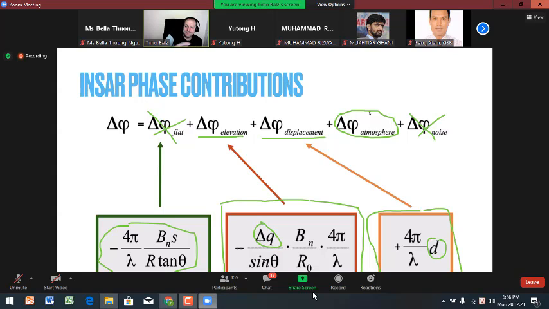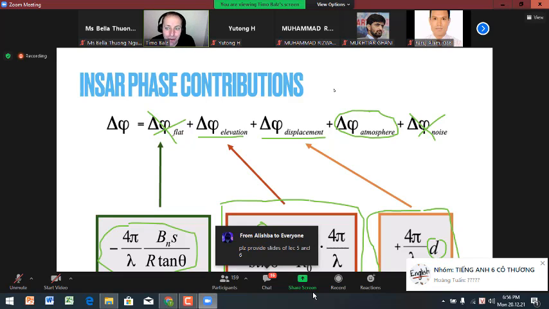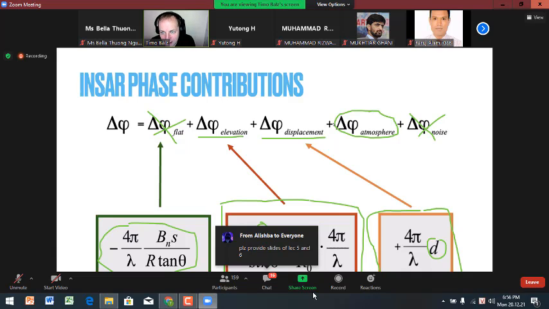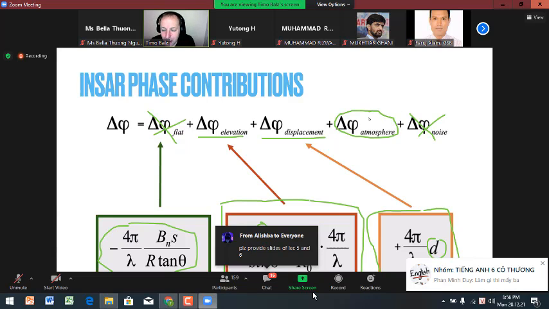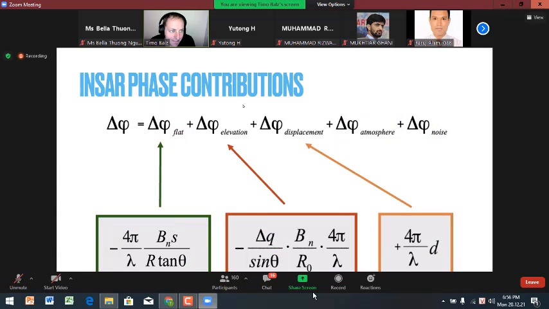So we're not really getting there. That's the main issue, right? You can calculate that, but we're going to solve that. We're going to estimate the atmosphere from the SAR data itself. That's the way that we fix that.